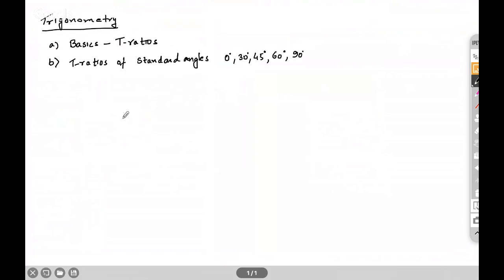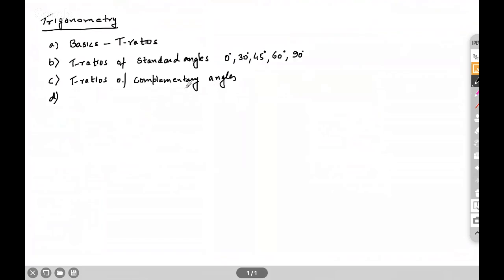Yeah, we'll deal with this. Then we'll also deal with the t ratios of complementary angles, where sine theta is equal to cos of 90 minus theta and all that. We'll see that.